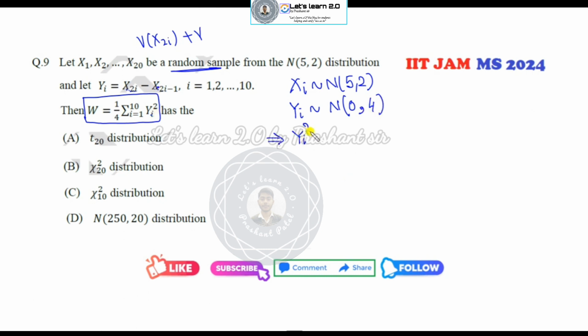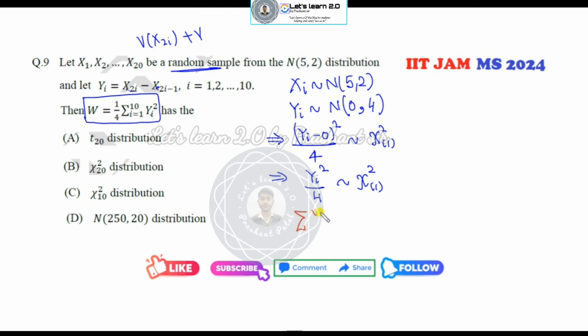Now we need Y squared. So Yi squared, I can convert into Z, this over the variance. This will follow the chi-square distribution with 1 degree of freedom. So that means Yi squared divided by 4 will follow the chi-square distribution with 1 degree of freedom.